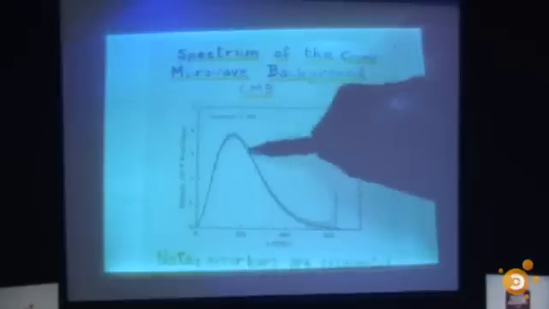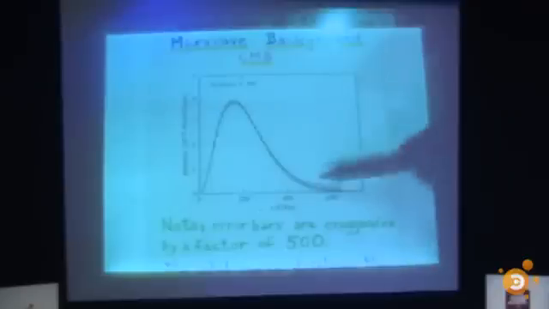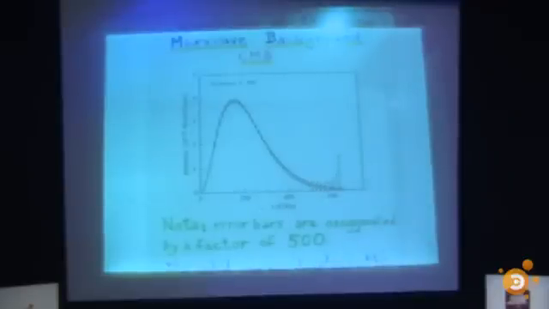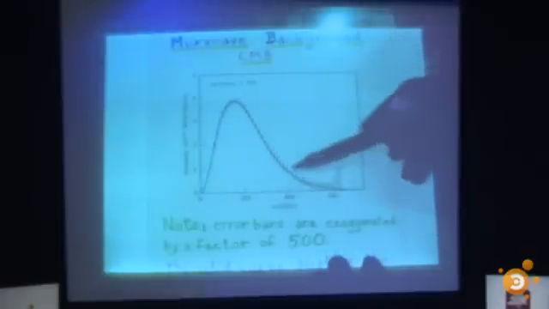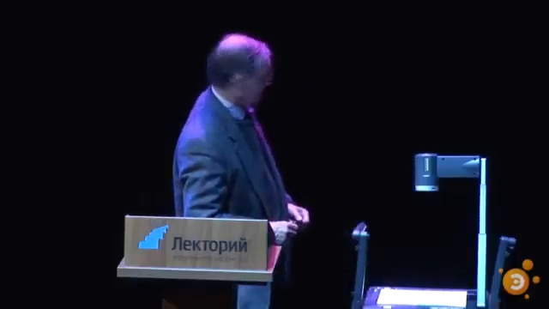Before I do that, I want to say something about these little lines here. I should say that this is quite an old slide, and I think maybe the observations have improved somewhat since then. But even with this old slide, these lines going up here are error bars. So you see the observations may have a certain scatter about the curve, but they are exaggerated by a factor of 500.